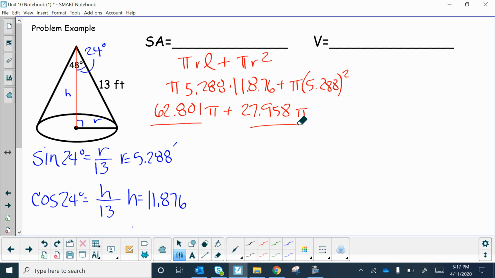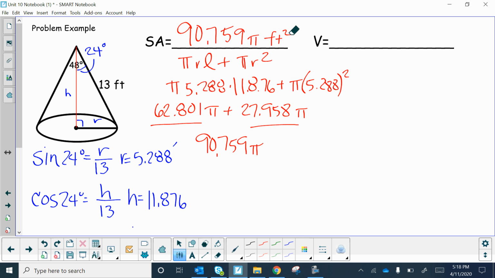So 27.958 plus 62.801 is about 90.759 pi. I'm just going to leave it in terms of pi. And so the surface area is going to be 90.759 pi square feet. So there's our surface area, pi r L plus pi r squared.